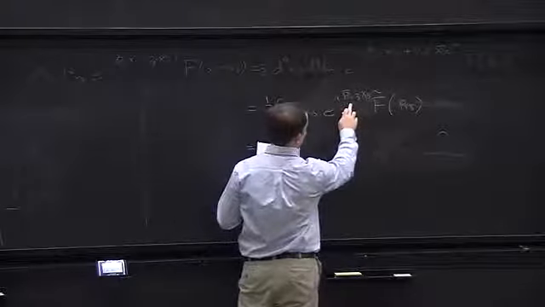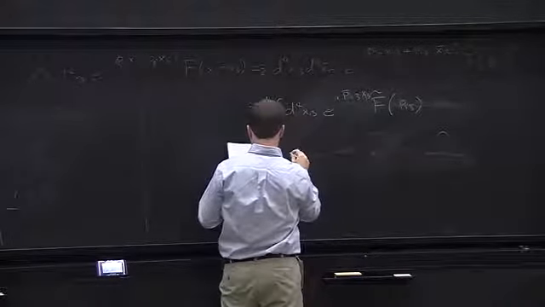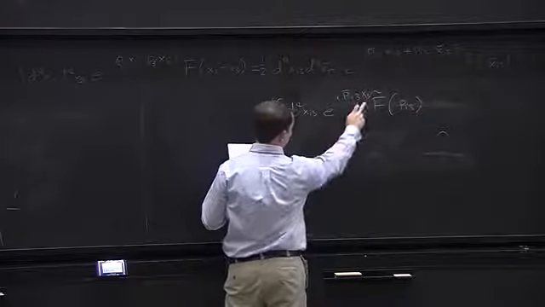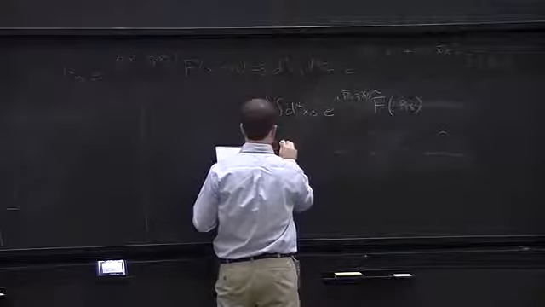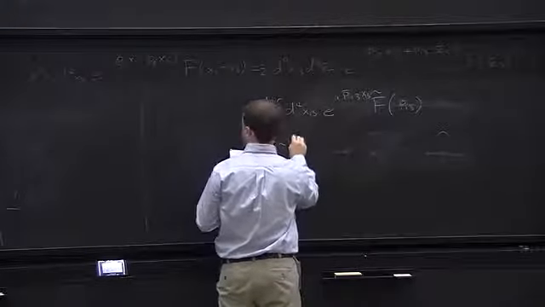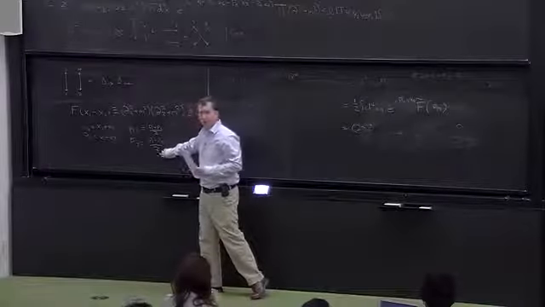So that would give us a delta of p13 bar, which we can relate to a delta of p1 minus p3 just by a factor of 2.